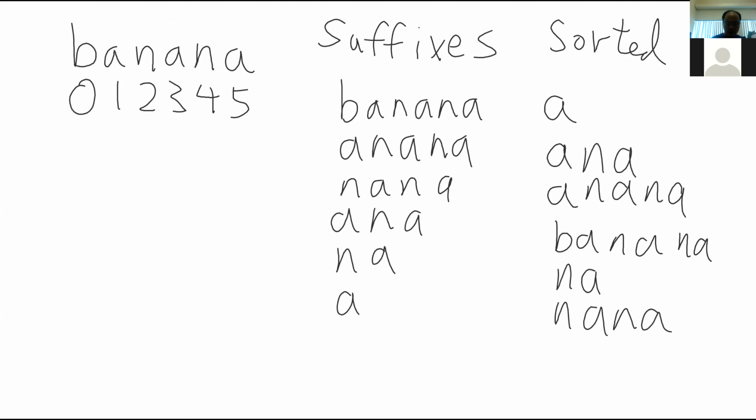Now imagine you're trying to search for the substring AB. We know that this doesn't exist in our original string, but let's see how we can make use of this suffix array to figure out quickly whether it exists or not. We're first going to look at the letter A, the first letter, and we're going to look at the first letter in my sorted suffix array.